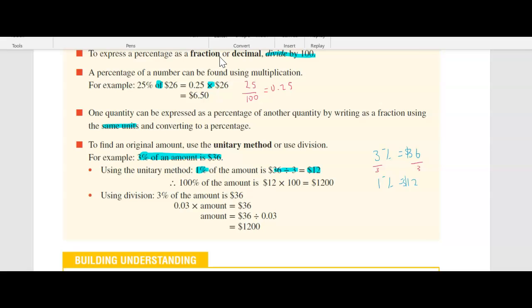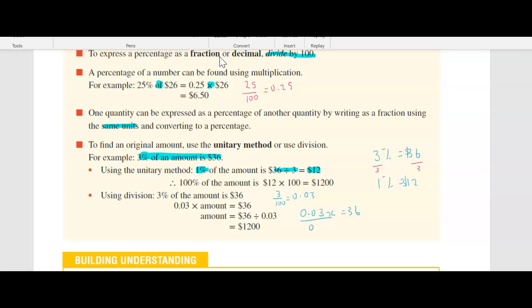We can also use division. So 3% of the amount is $36. So we can just set up an equation. So 0.03, that's just converting the percentage into a decimal. So 3 divided by 100, that's where the 0.03 comes from. Times an amount, so we can just call that amount X, is 36.